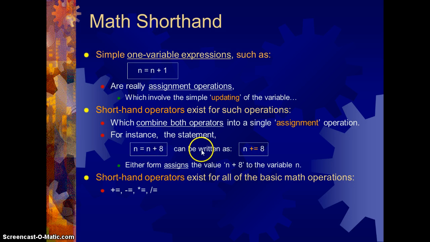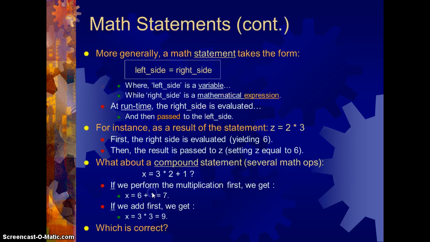Or if I wrote n plus equals 1, that would mean I'm incrementing n by 1. And then you can do it not just for plus. If you had plus here, you would use this one. If you had minus here, you could use this one. If you had times here, you could use this one. And if you had divided here, you could use this one. Okay?